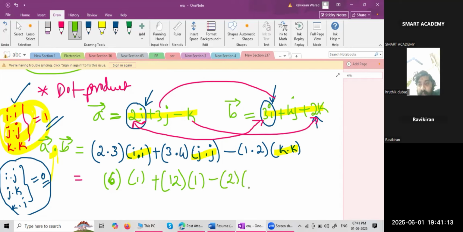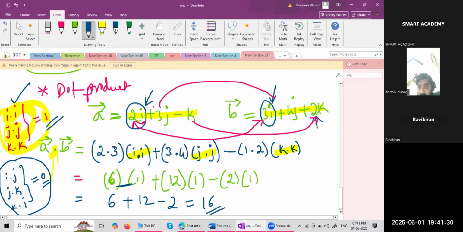Minus 1 into 2, k dot k is 1. So 6 into 1 is 6, 12 into 1 is 12, and minus 2 into 1 is 2. 6 plus 12 is 18, 18 minus 2 is 16. 16 is the dot product result of the given vectors A and B. Hope it is clear.